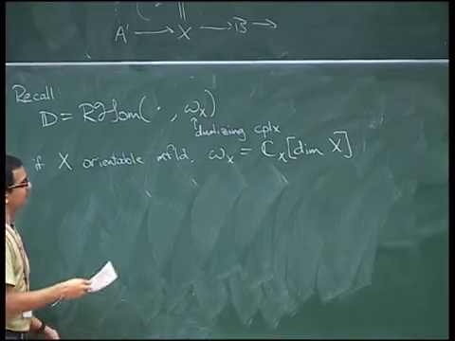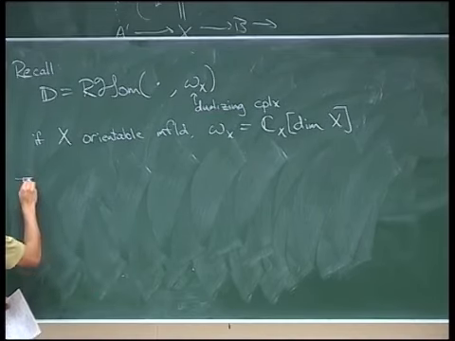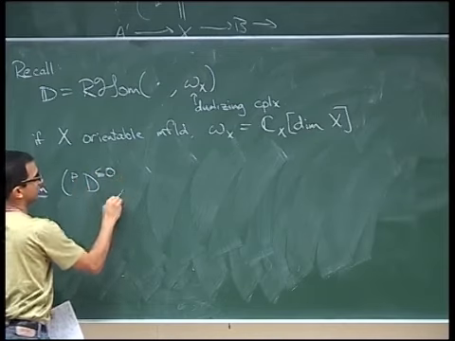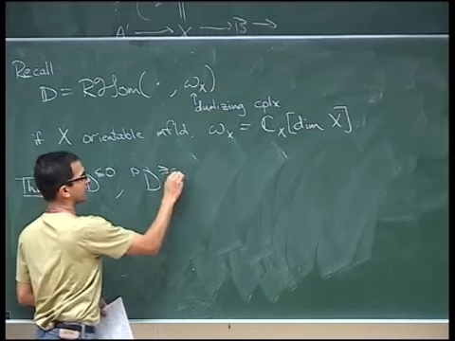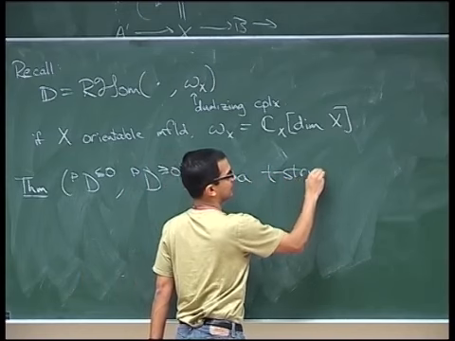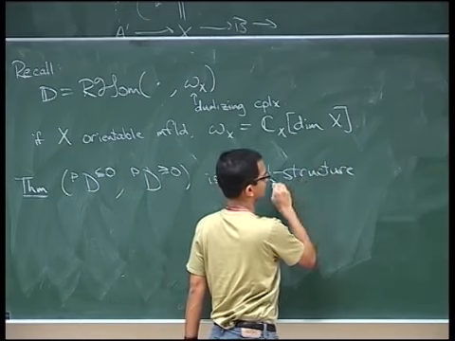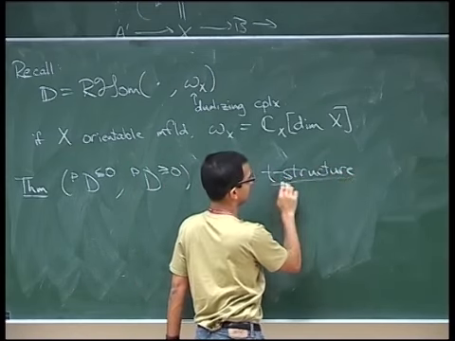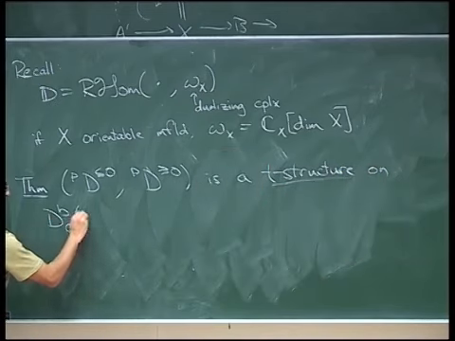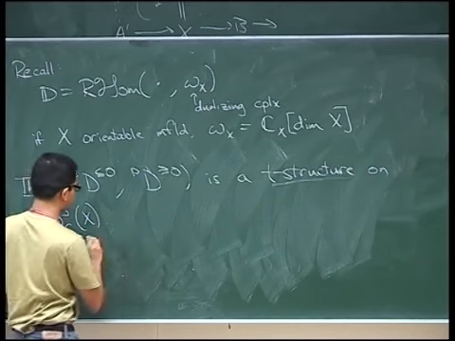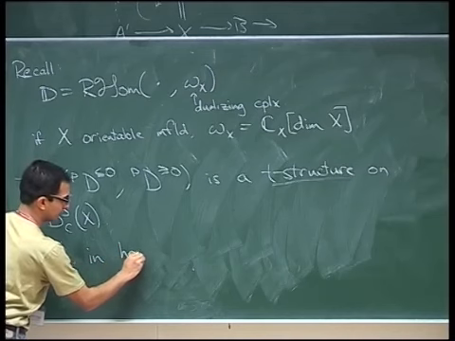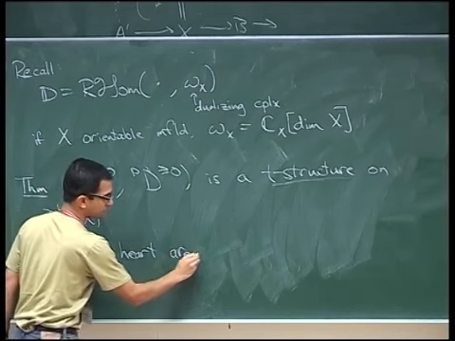So then the theorem is that PD less than or equal to 0, PD greater than or equal to 0 is a T structure on D^b_c(X), and then objects in the heart are perverse sheaves.